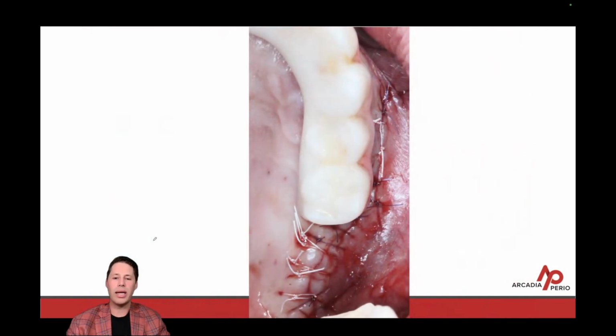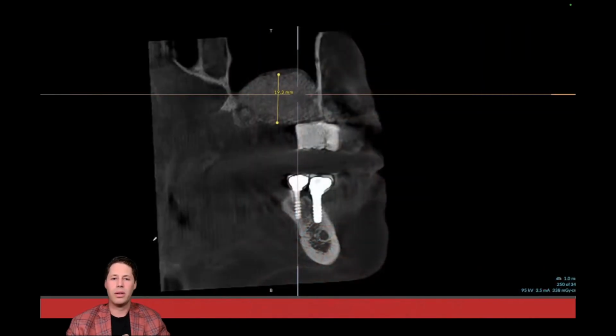So let's look at our graft here on a CBCT image, and let's see how well we did. So, good volume and height, right? You can see here I made it all the way to the anterior wall of the maxillary sinus, and I also made it to the distal wall of the maxillary sinus. From the floor of the sinus to the crest of bone is about 20 millimeters in height.